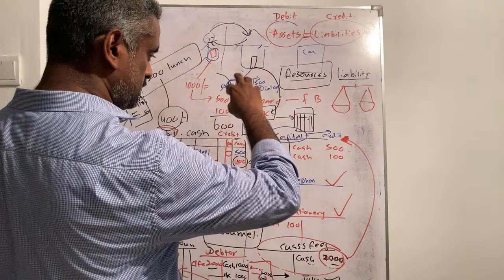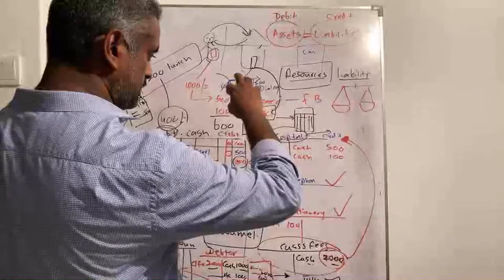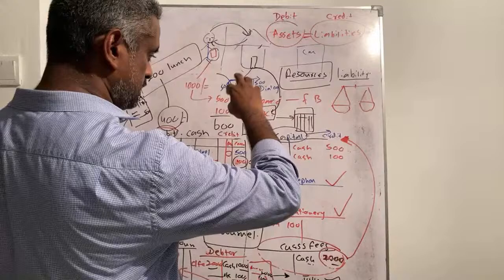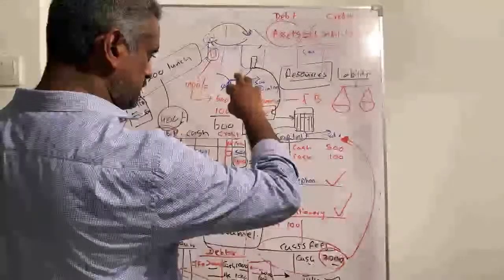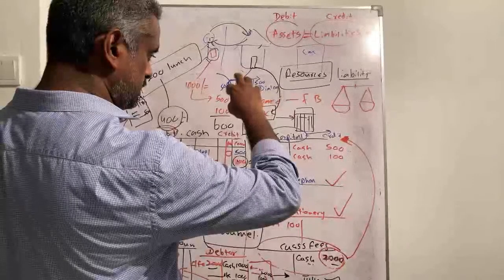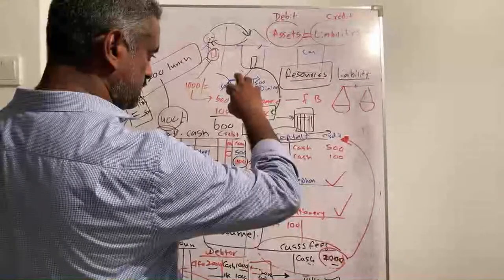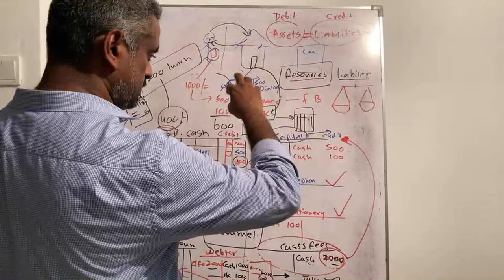Money pumped, $600, right? Then spent for stationery 100. Then class fees, the revenue, is the money receiving or receivable out of the ordinary course of the business.